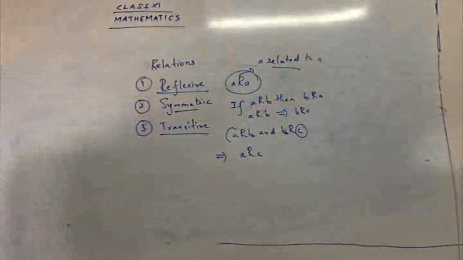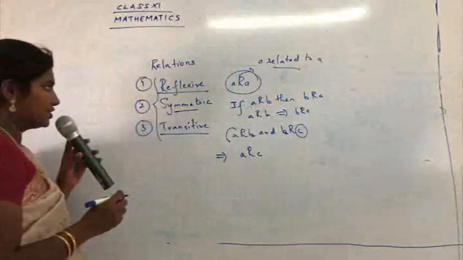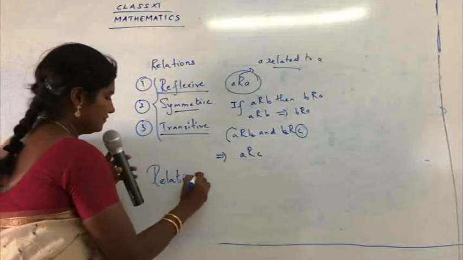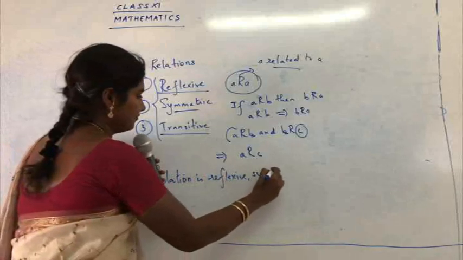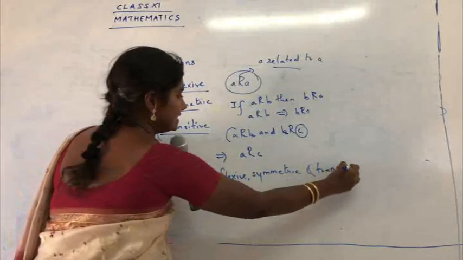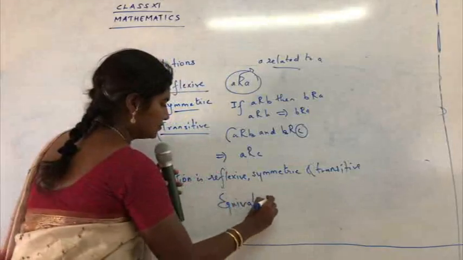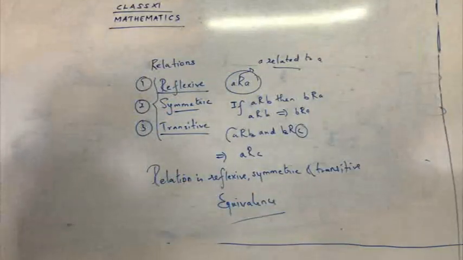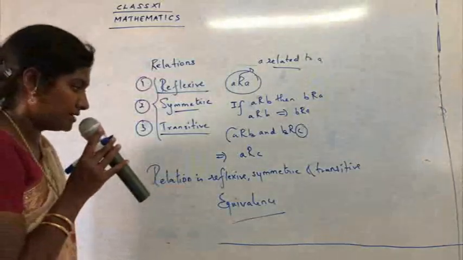One more thing we have seen is about equivalence relation. Suppose the given relation is reflexive, symmetric, and transitive, we say it is an equivalence relation. If it satisfies reflexivity, symmetricity, and transitivity, we say the given relation is an equivalence relation.